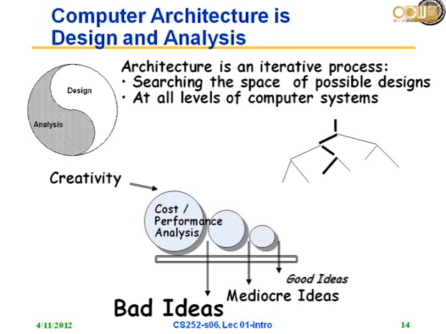Then this system will be divided into software and hardware. Software includes operating system, compiler, and application, and hardware includes organizational techniques and the genuine circuit technology, like semiconductor technology. We need to search through all the branches of this tree.